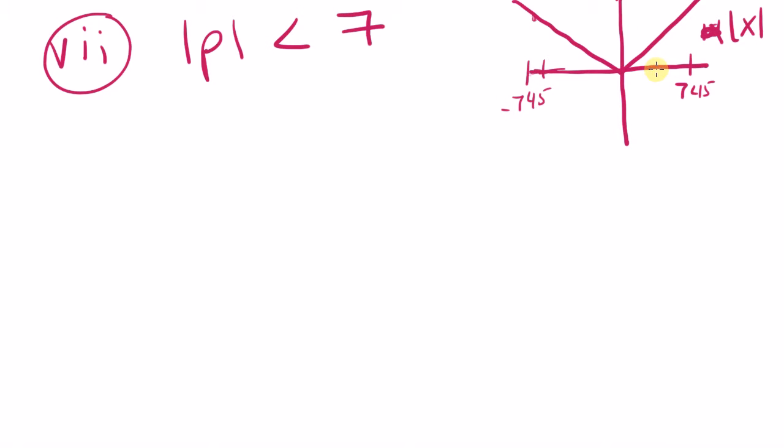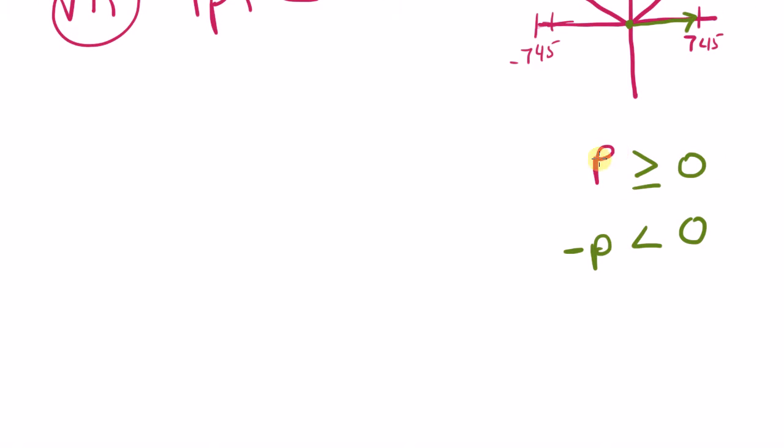So the two cases are going to be if p is greater than 0, so from here over, we get the positive case. And if p is less than 0, we're going to get the negative case.